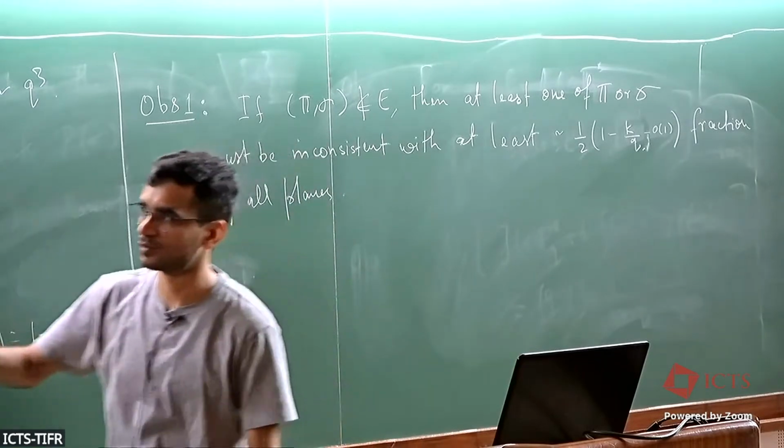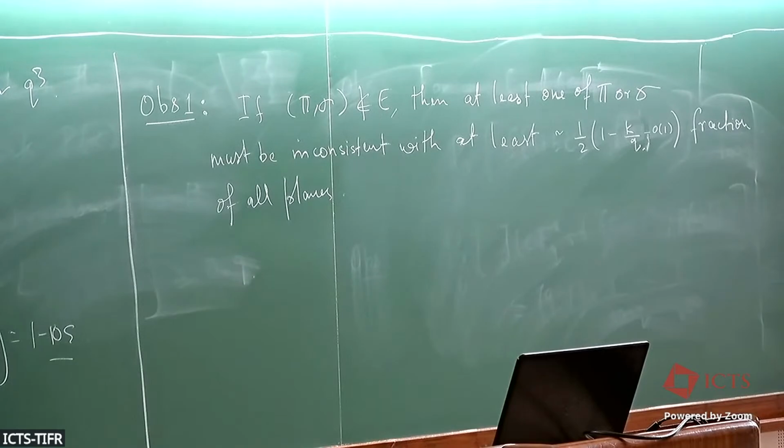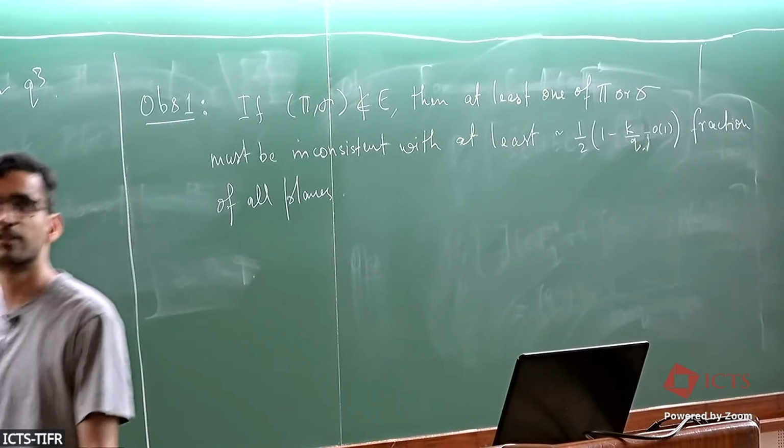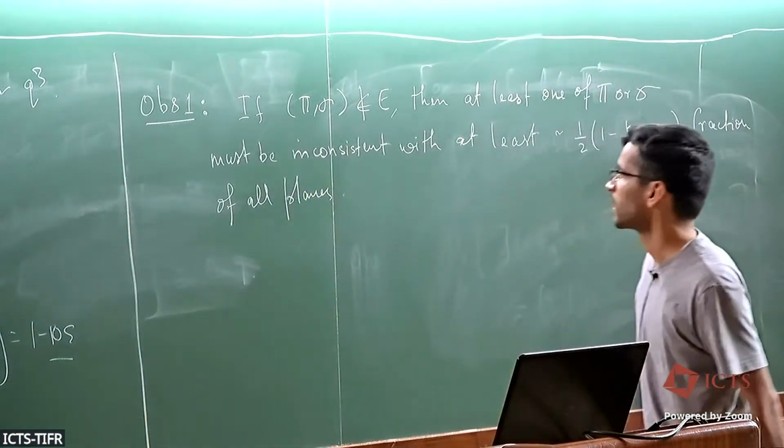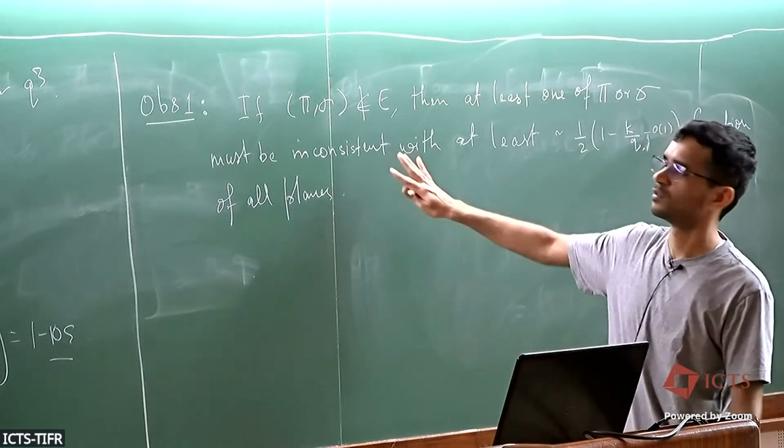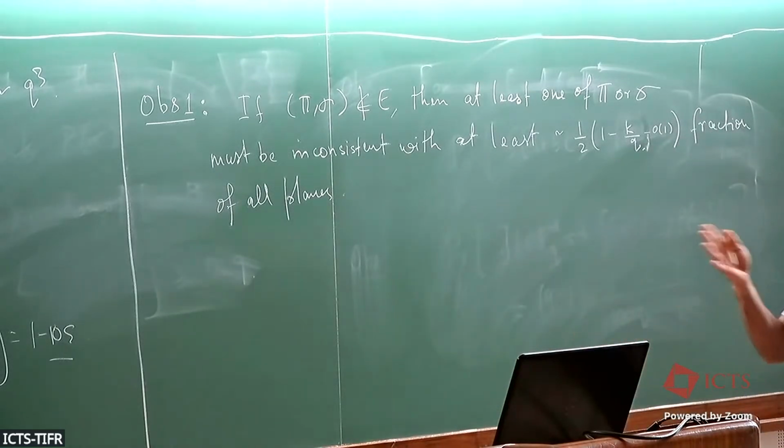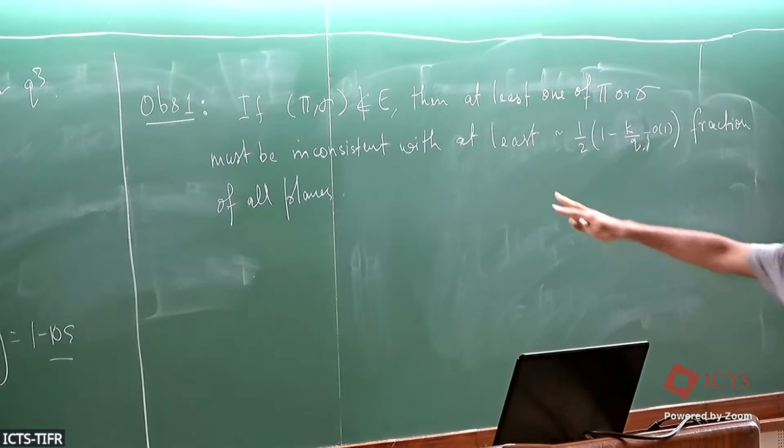So this is not a combinatorial statement. It does use algebra. We want to conclude that there is a large clique in the graph. The observation is that if you take two vertices that aren't adjacent to each other, then one of them must actually not be adjacent with a lot of other vertices, nearly half of all the vertices in the graph.